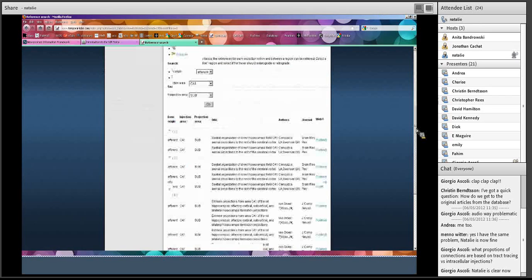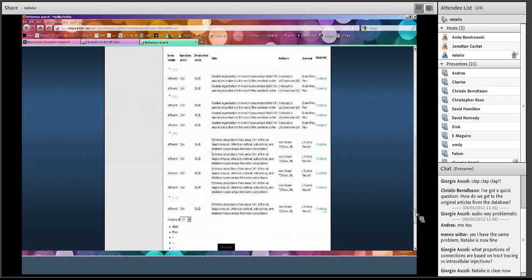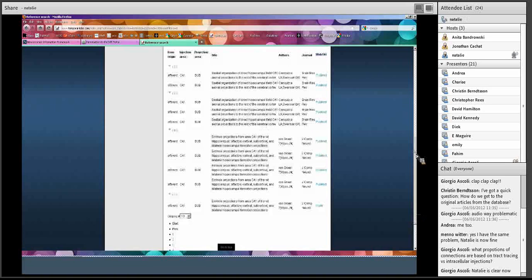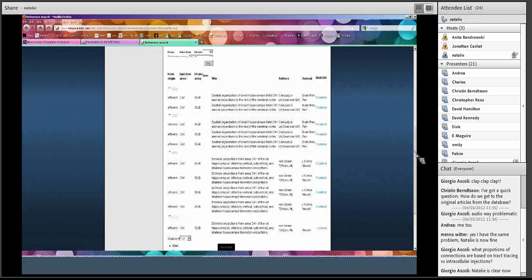Then you will see all the papers which are in our website, and on the right side you find a link to PubMed, so you can go directly to PubMed. Currently there are some duplicates in the search results, but we will be working on deduplicating this result, so you will only see each paper mentioned once for each connection.